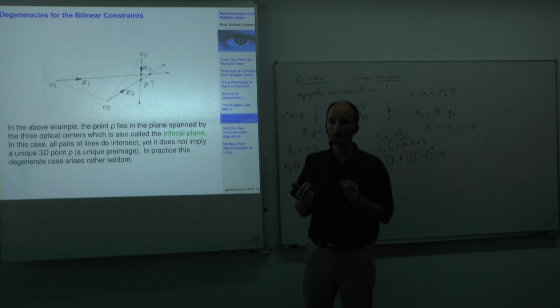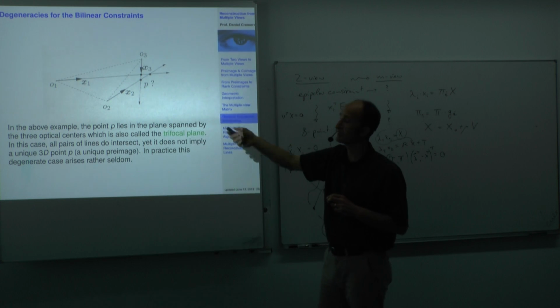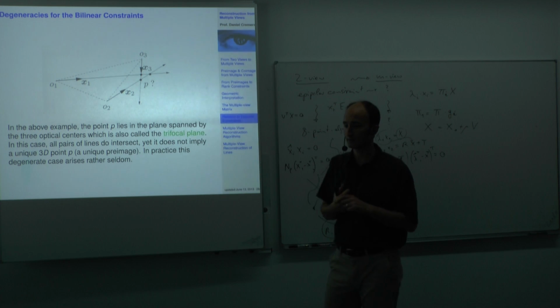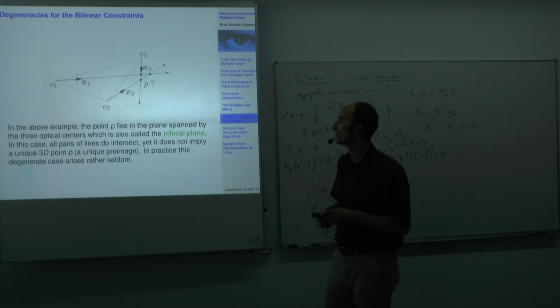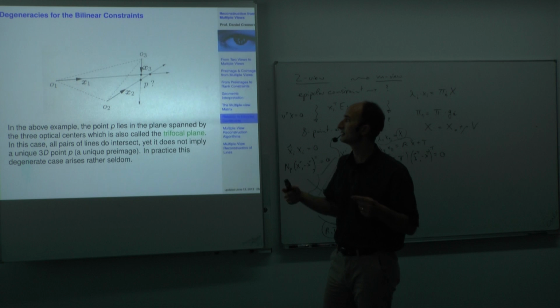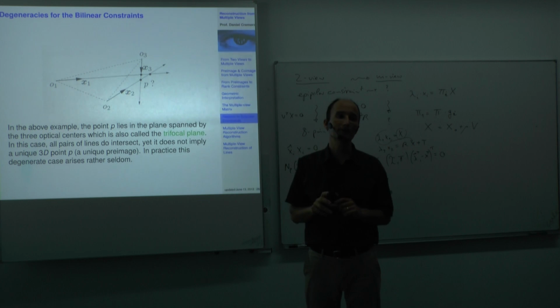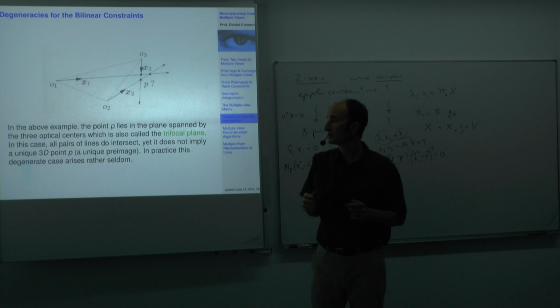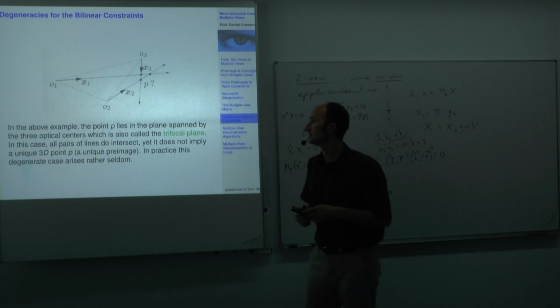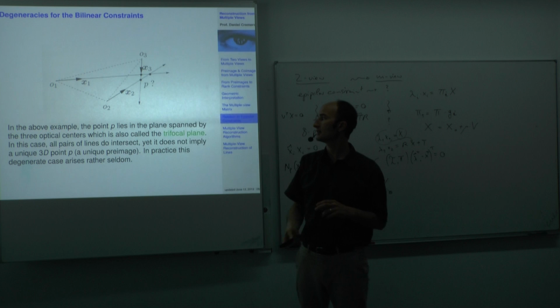There is not a unique point that lies in the intersection of all 3. And so this is a rather degenerate case, of course, where the point I consider lies in that plane spanned by the 3 optical centers. In practice, if you do reconstruction from image data, this is not going to happen. But in theory, it could happen, and this would be one of these degenerate cases. It says here it arises rather seldom.